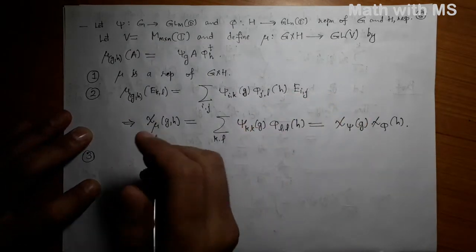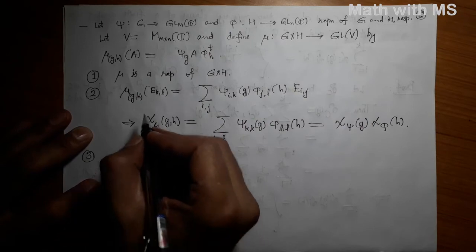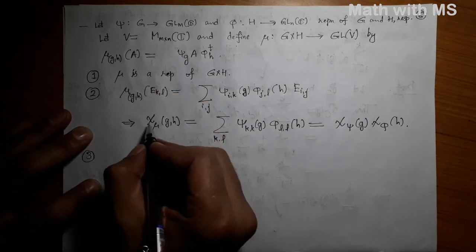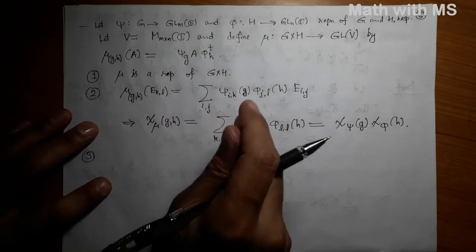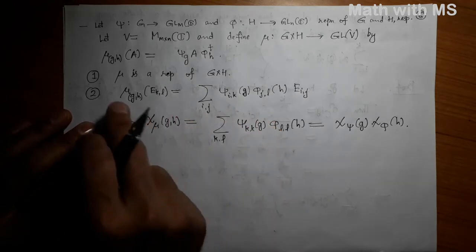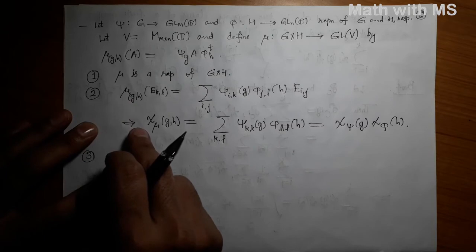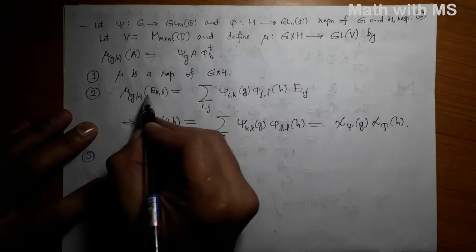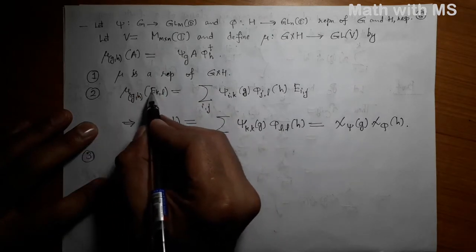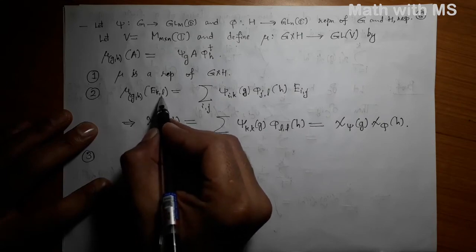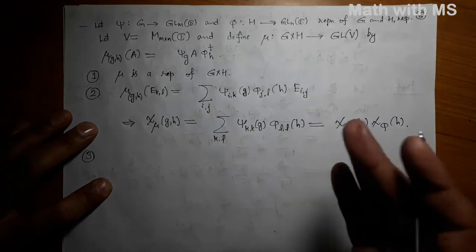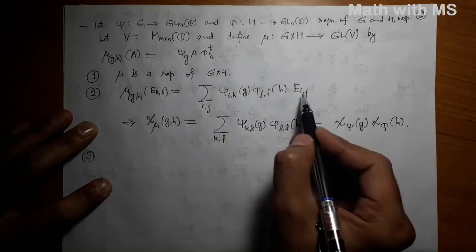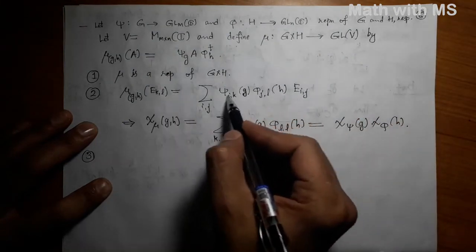Now from this one can easily compute the character of the representation mu as follows. So chi_mu of gh is the sum of the diagonal entries of the matrix mu of gh. But how do you find the diagonal entries? When you're evaluating it on a basis element E_KL, just find the coefficient of E_KL and then add all such coefficients running over K and L. That means I have to take i equal to k and j equal to l here.